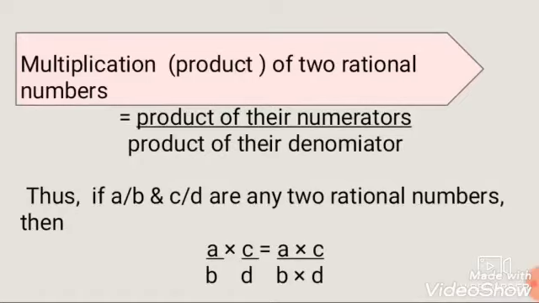The multiplication of two rational numbers is equal to the product of their numerators divided by the product of their denominators. Thus, if a by b and c by d are two rational numbers, then the property is a by b into c by d is equal to a into c divided by b into d.